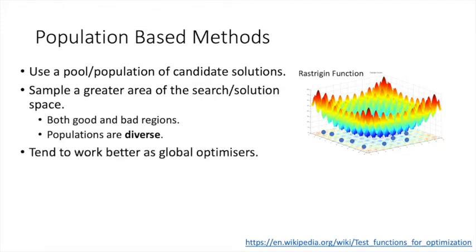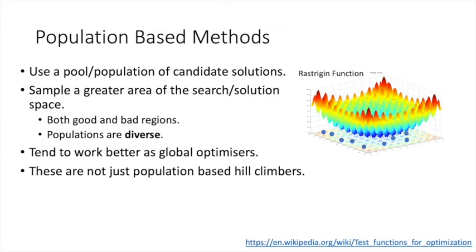Such methods tend to work better as global optimizers, and I hope you can see why. Well, as we spread out our spies across a larger area, we shall get a better idea of where to find a better solution. However, note we do not simply run hill climbing on each of these solutions individually.